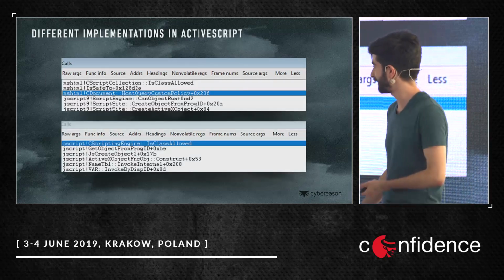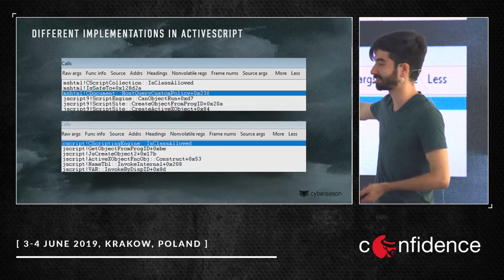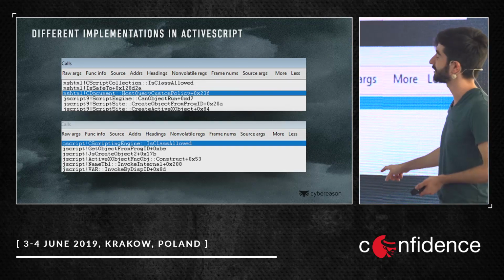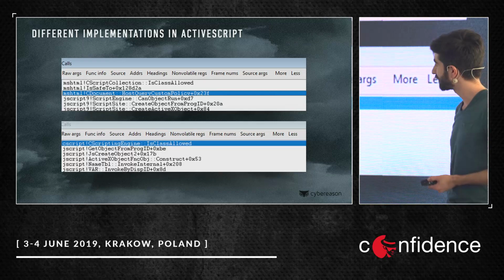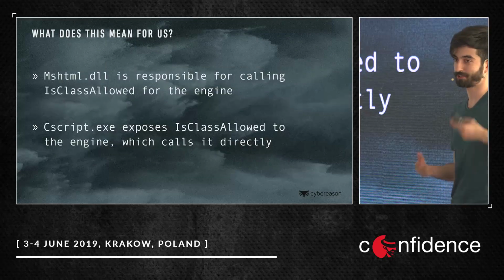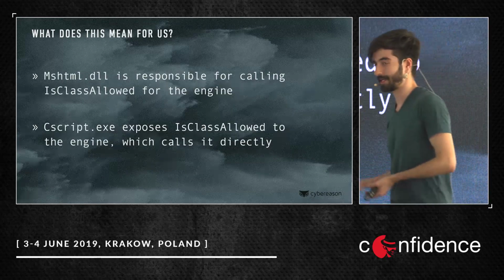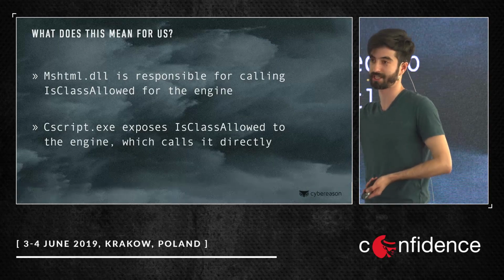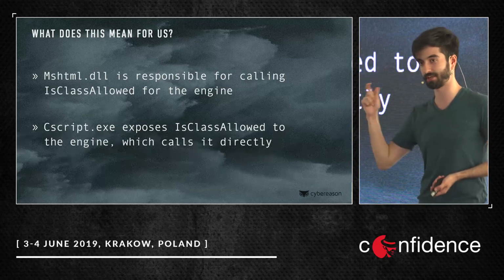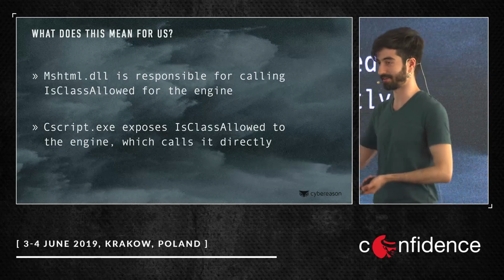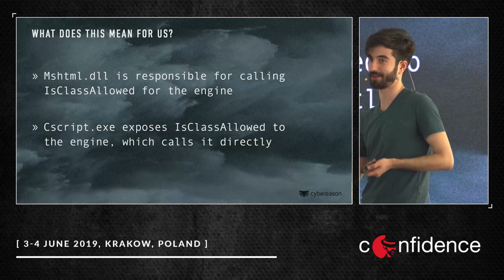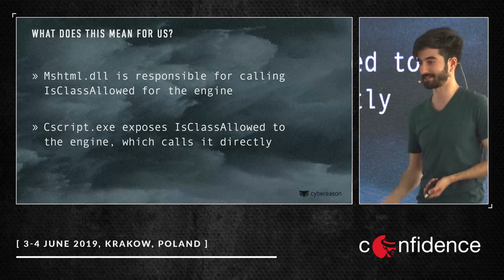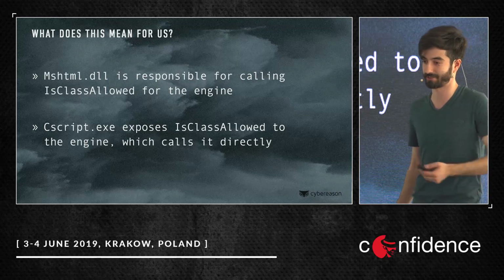So as you can see, JScript calls isClassAllowed directly, while MSHTML calls isClassAllowed by itself. So we have two pairs of implementation. In one pair, both teams think that the scripting host is responsible for checking if the class is allowed. And in the other pair, both teams of developers think that the engine is responsible for checking if the class is allowed.